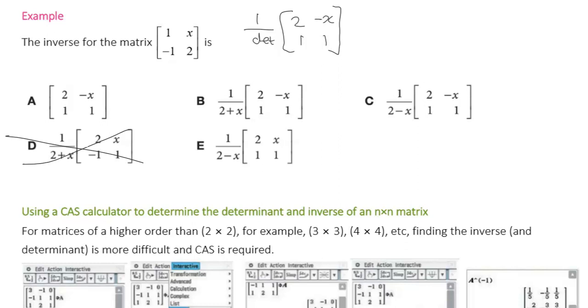Now let's find the determinant, which we've been doing in orange. So we'll have 1 multiplied by 2, take away x multiplied by -1. So if we simplify that a little, we've got 2 take away -x.